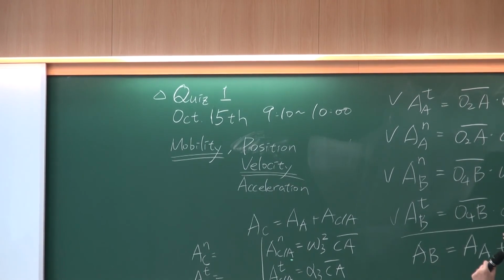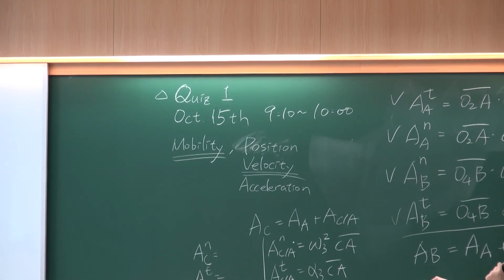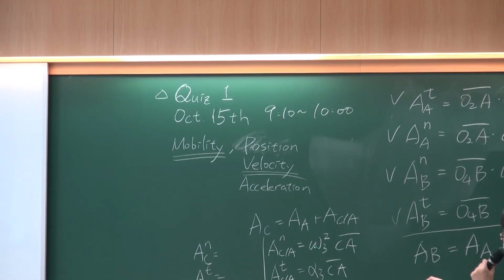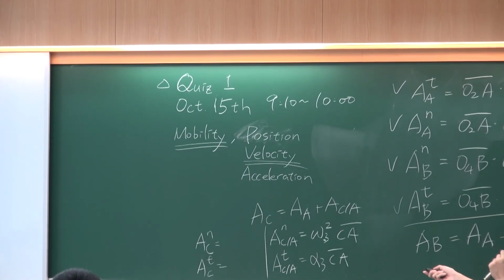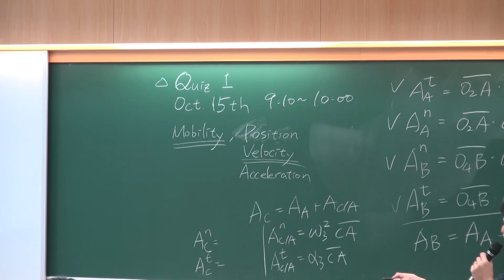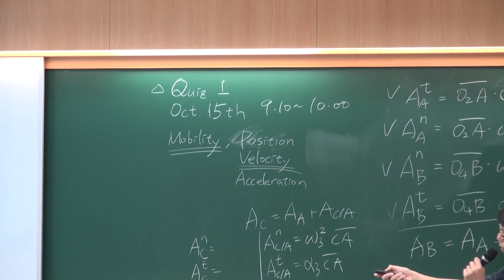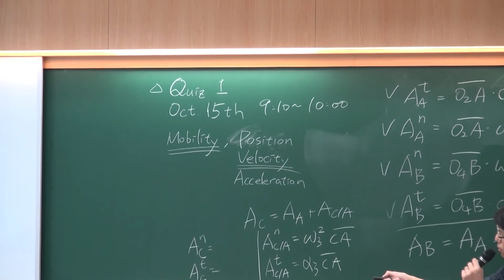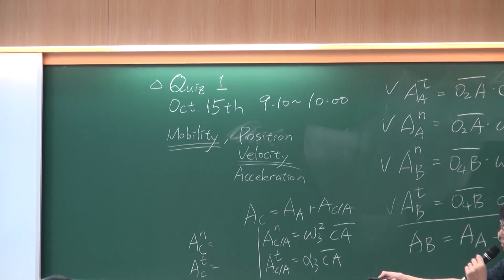Here we already know this one, because ACAN can be expressed as omega 3 squared times CA. And omega 3 is already known, so we can draw this one directly. The direction is pointing from C to A, the same as the direction of line CA.